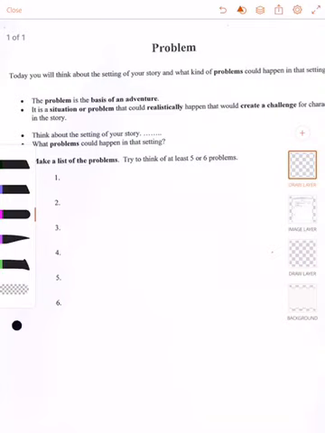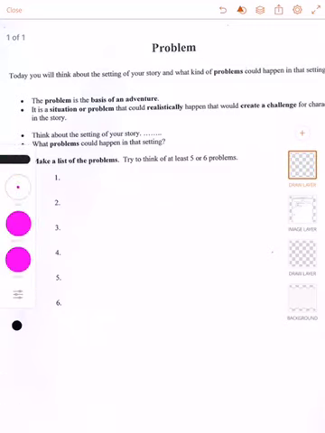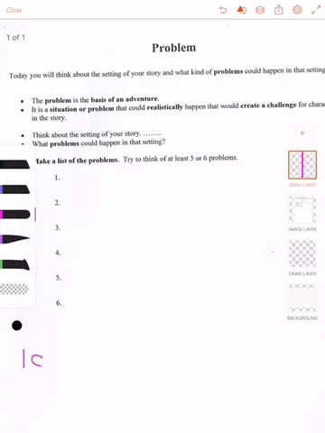So let's just get our I can statement down first. And I'm going to write it down here because I have more space. So I'll write I can, and I always do my 3 dots.